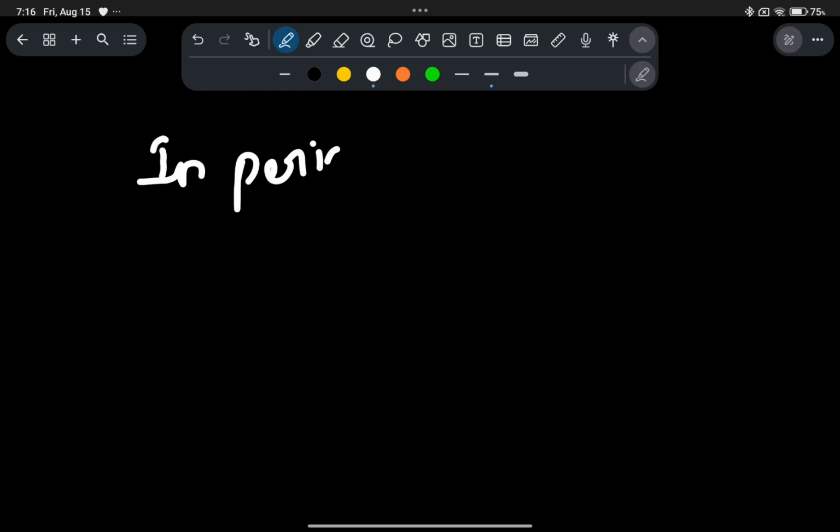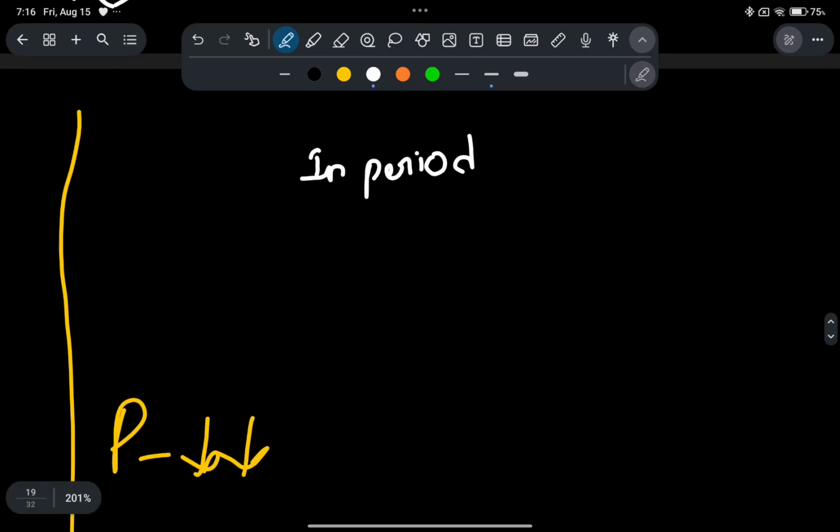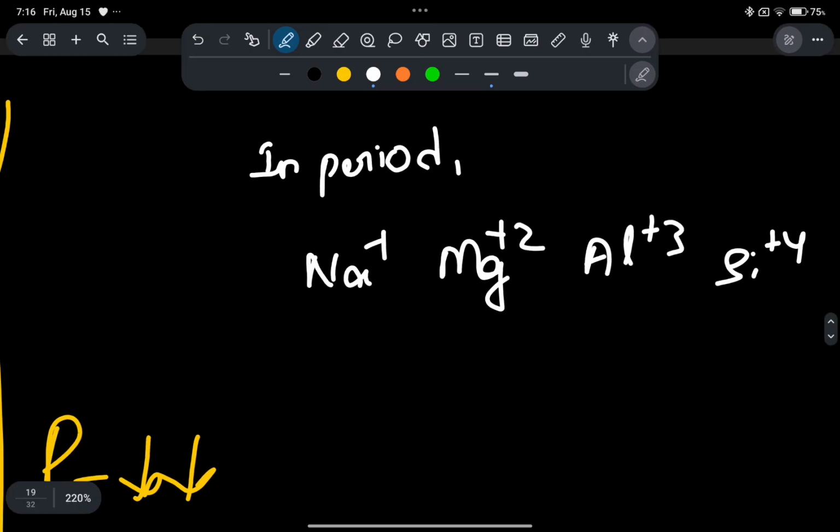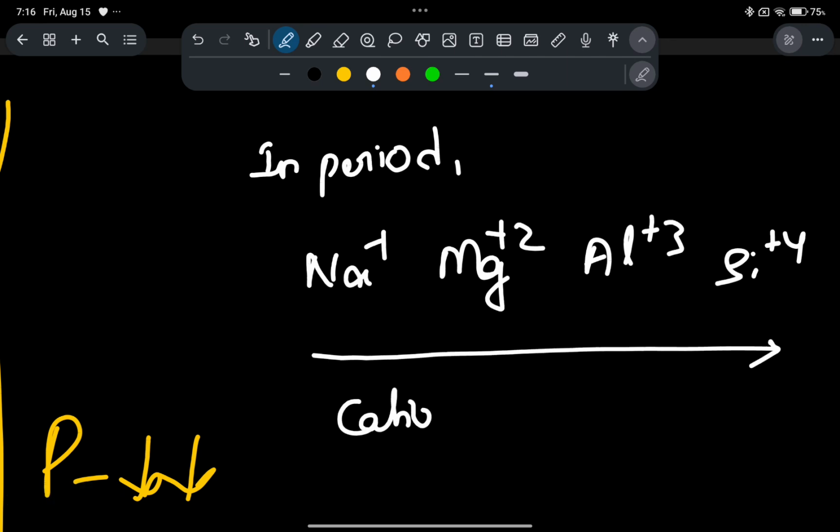In a period: Na+, Mg+2, Al+3, Si+4. So cation size decreases here, from left to right.